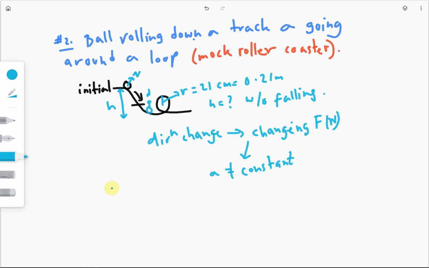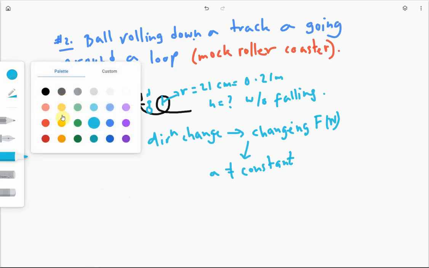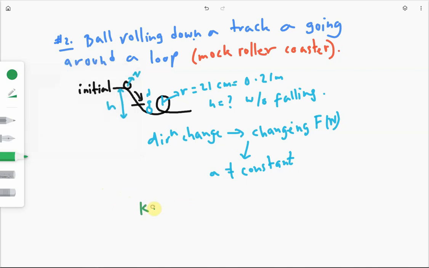We are actually being forced to use the work energy theorem, but it actually makes the problem a lot simpler, as we will see. Second thing to note would be the rolling ball has a different formula for kinetic energy, and when we study rotational motion we will talk about this in more detail.